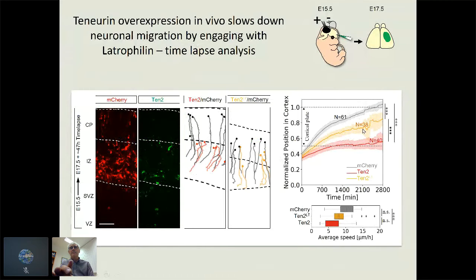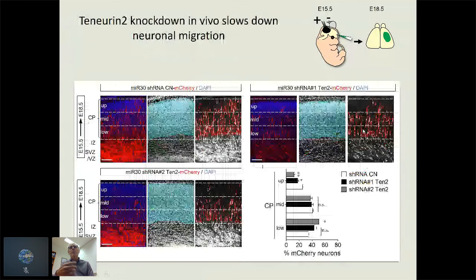And finally, we've done a bunch of ways to do loss of function experiments. One was to knock down Teneurin-2 using two different oligos or shRNAs. And again, if you look at this picture here, lots of neurons migrating up to the most upper part of the cortical plate, and in the presence of the shRNA, there aren't as many neurons here.